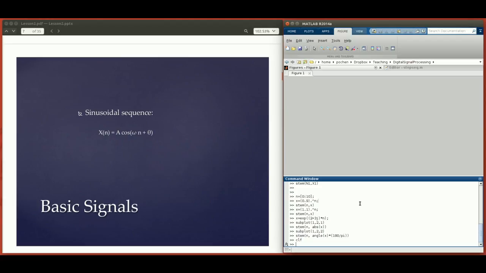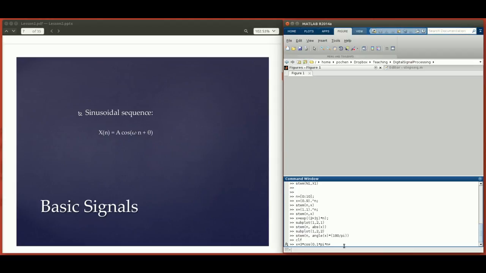I'm going to construct a sinusoidal sequence composed of one cosine function and one sine function. So I'm going to type x equals 3 times cosine, 0.1 times pi times n. So the oscillation frequency is 0.1 pi, times the horizontal axis, right?